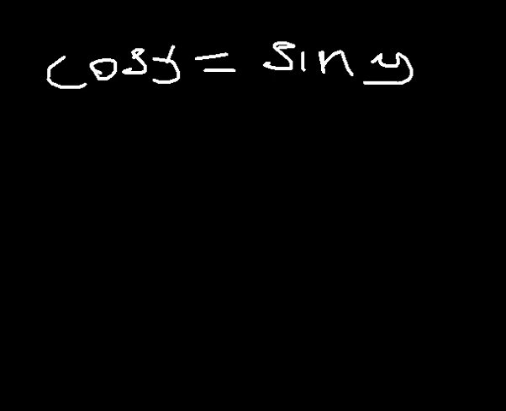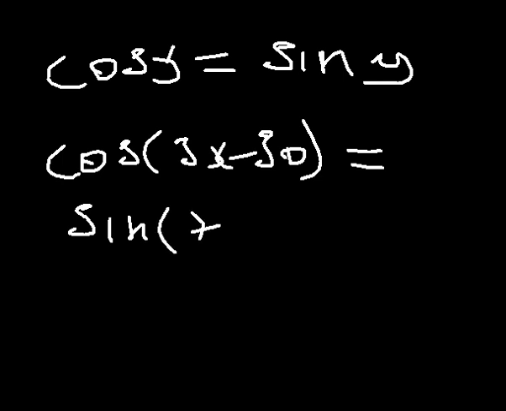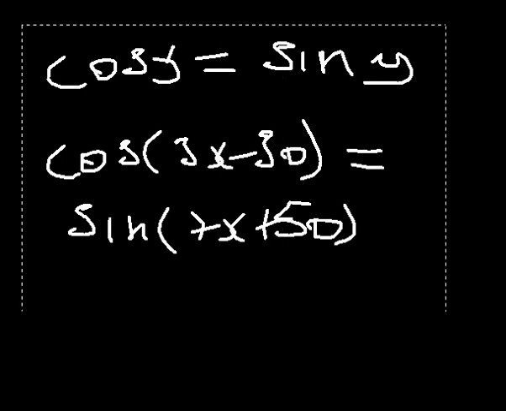And let's say we have cos of 3x minus 30 is equal to sin of 7x plus 50. Now try to solve for x in that way.